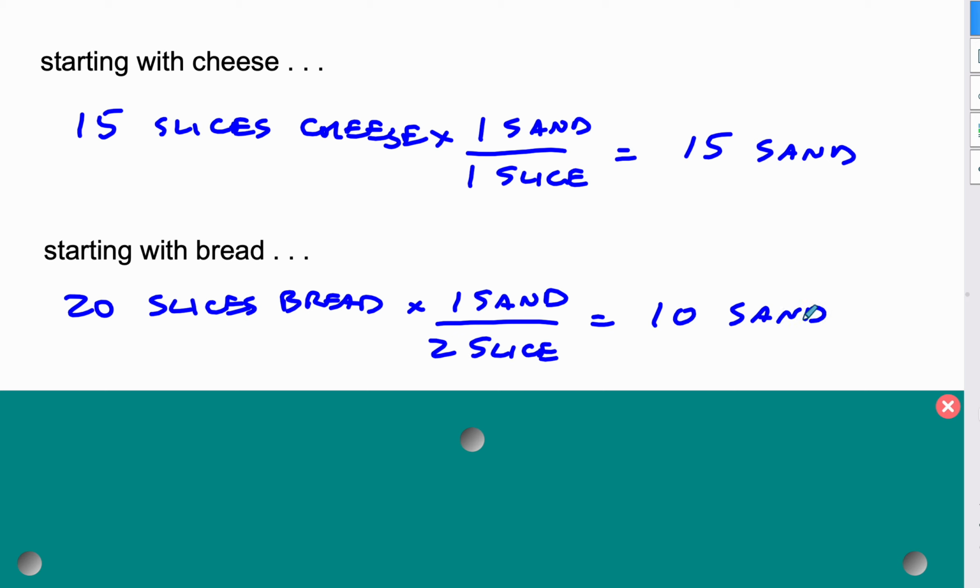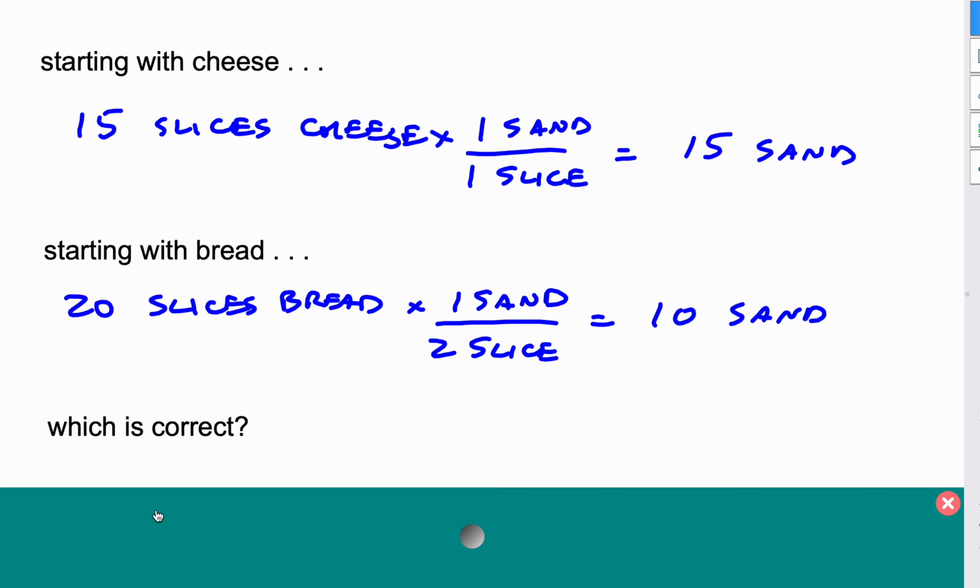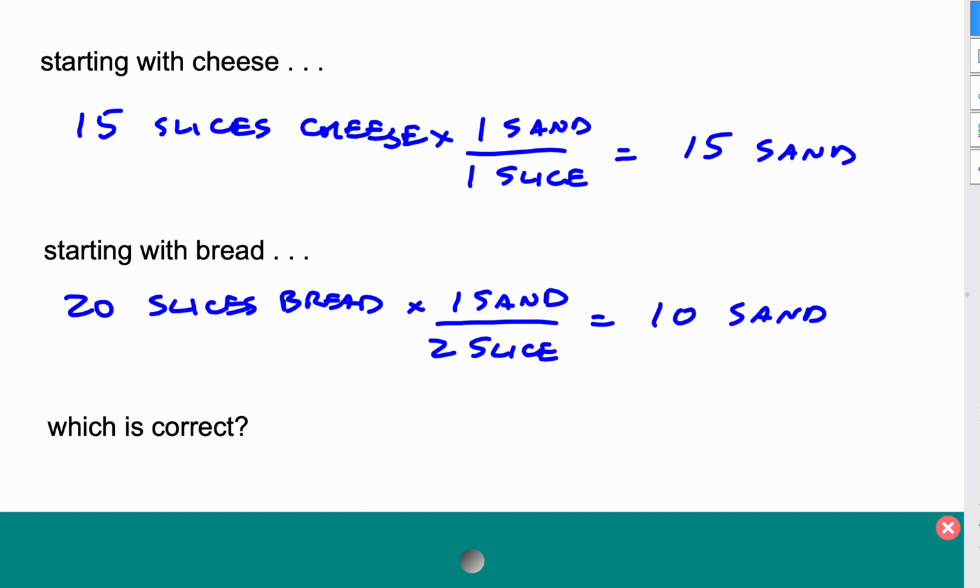So if I want to use up all 15 slices of cheese, I could get 15 sandwiches. But if I want to use all 20 slices of bread, I can only get 10 sandwiches, which is correct. Obviously, it's the smaller number of sandwiches, which in this case is 10, and therefore bread is the limiting reactant.